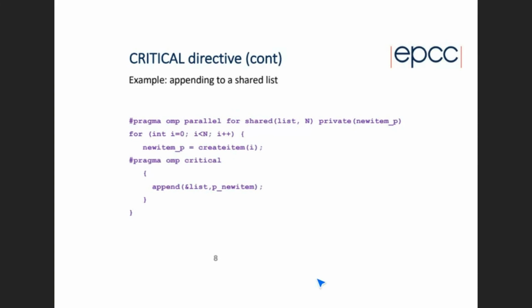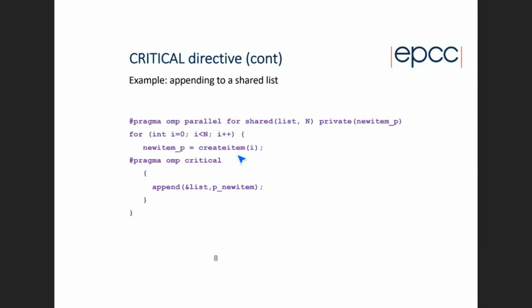A simple example here would be, suppose I'm building up a list of objects or a list of structures. I have a loop where I'm calling some function to create some new structures, and I want to add those on to the end of a list. It could be a linked list, for example.